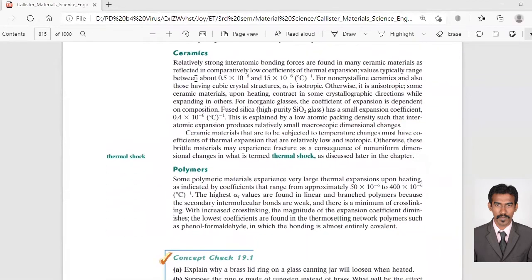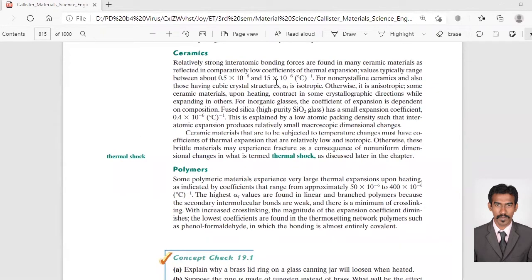Okay, ceramics. Relatively strong interatomic bonding forces are found in many ceramic materials, as reflected in comparatively low coefficients of thermal expansion. So here the interatomic bonding is strong, hence a low coefficient of thermal expansion, typically ranging between 0.5 and 15.